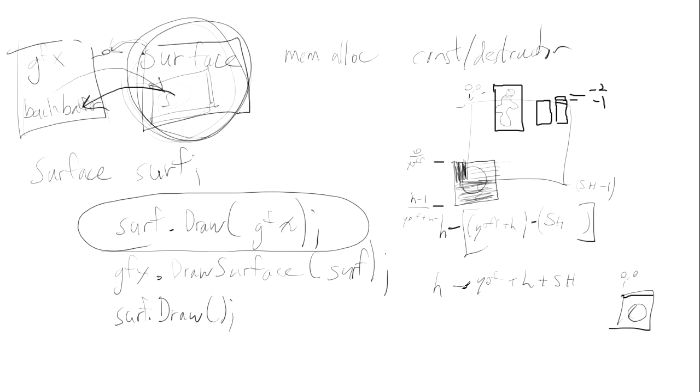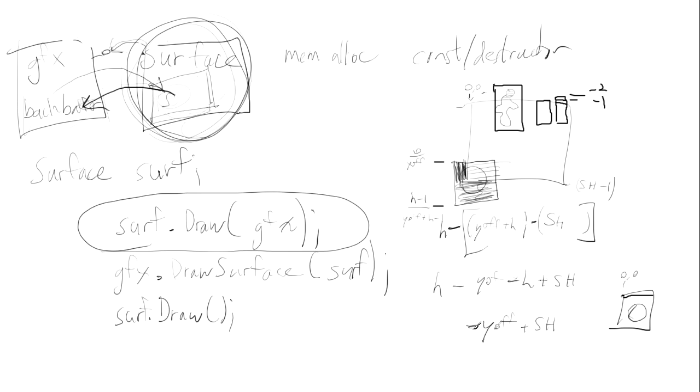Wait, subtract minus y offset, subtract a positive, subtracting height from here. Alright, so here we have height minus height. So our end should be y offset plus screen height.